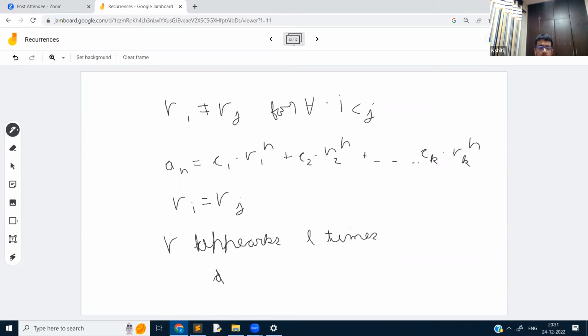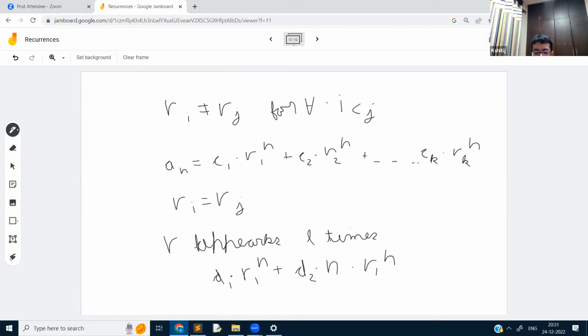For example, I will only be telling about one term R, and so on we sum across all terms. For each repeated root, we increase the power of n.